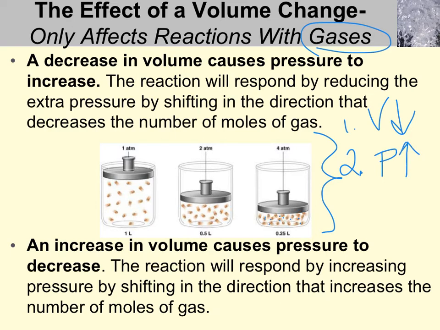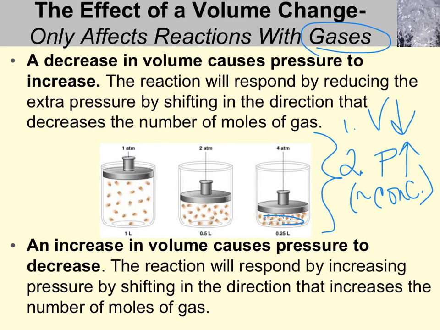Pressure is due to collisions of gas molecules against the container. So obviously there are going to be more collisions if they're crowded. All right, so pressure goes up. So now we're going to think of pressure as concentration, right? Directly related. So if pressure goes up, that's like concentration going up.